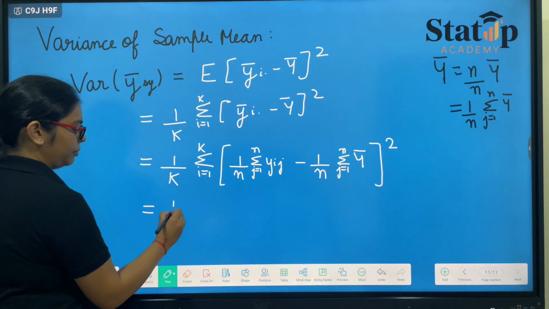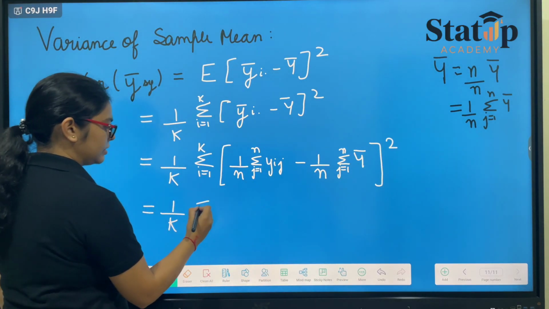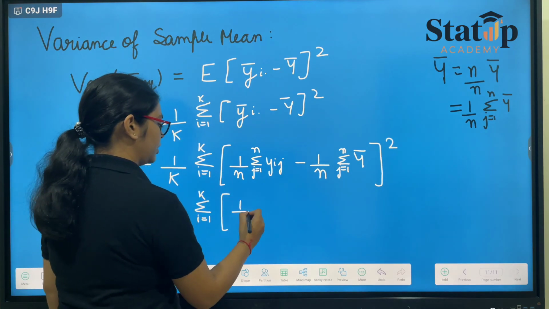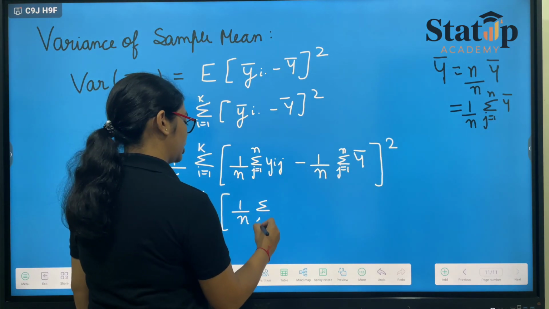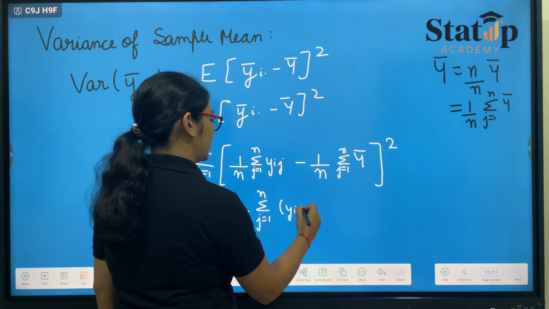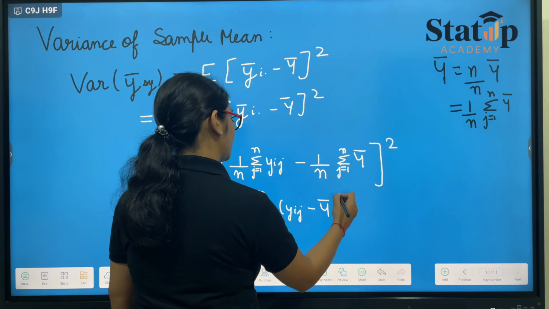Now the next step would be 1 upon k summation i goes from 1 to k, 1 upon n summation j goes from 1 to n, Yij minus capital Y bar whole square.